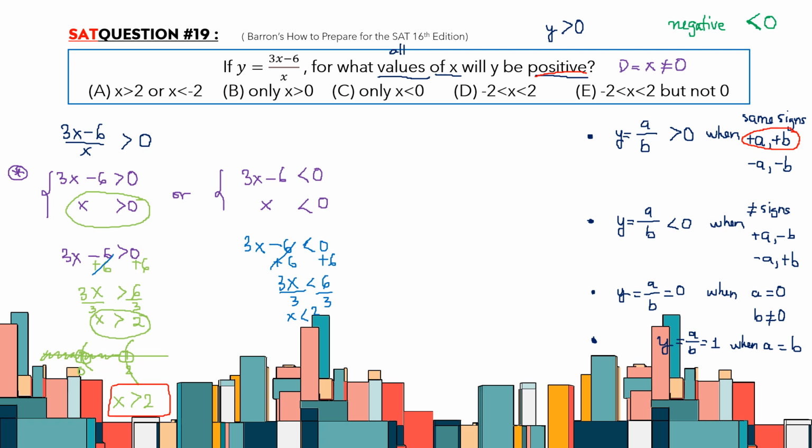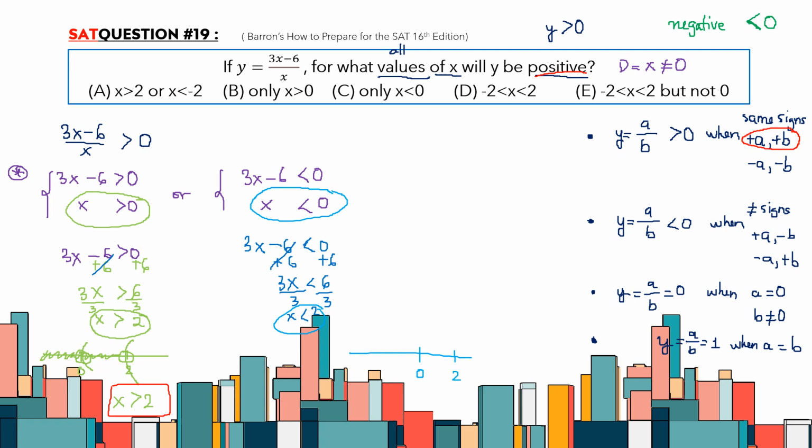So the conditions are that x has to be less than 0 and x has to be less than 2. We draw it on the line. Here's my 0, here's my 2.